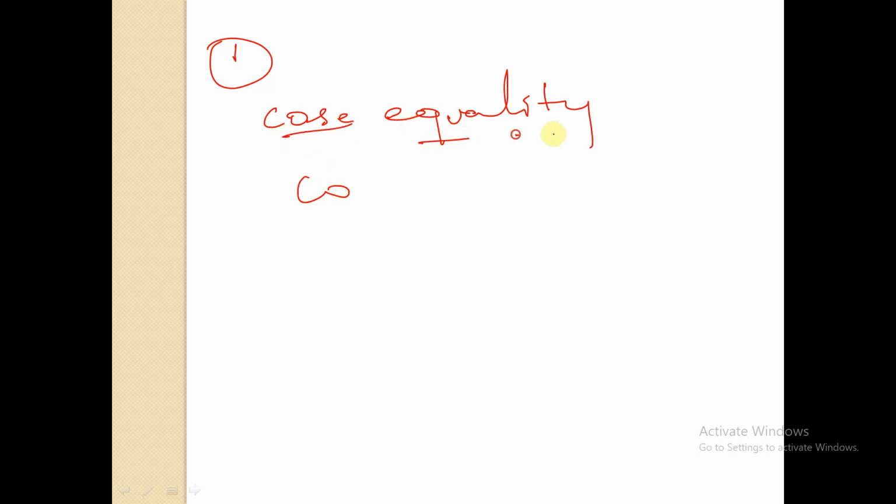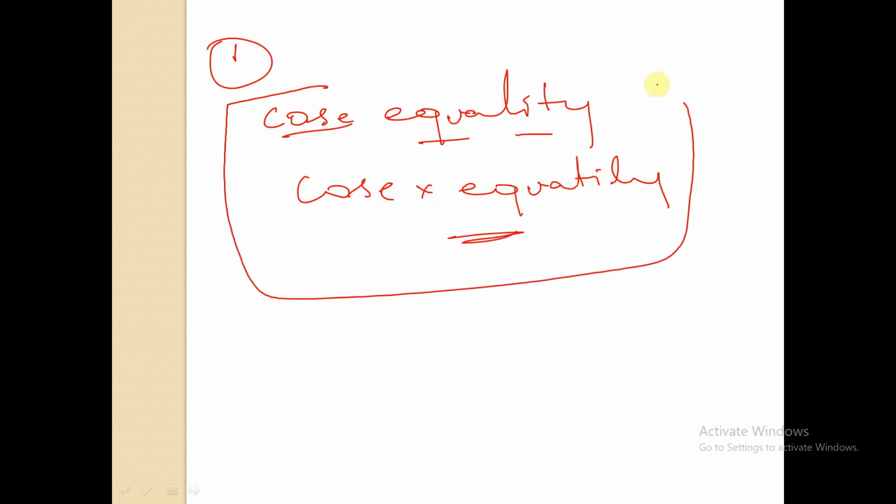So the first question for today's session is what is the difference between case equality and case X equality? Anyone who wants to answer can answer this.